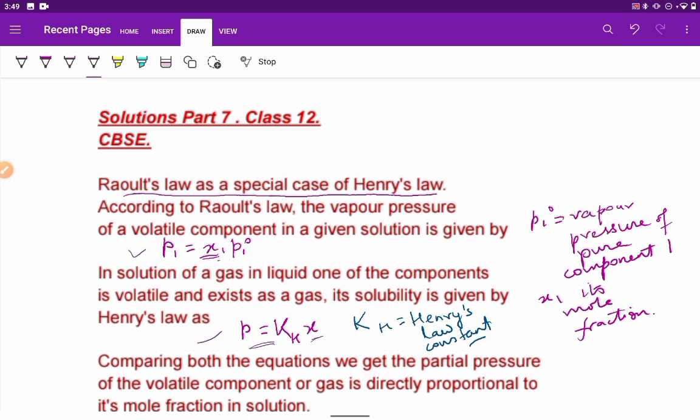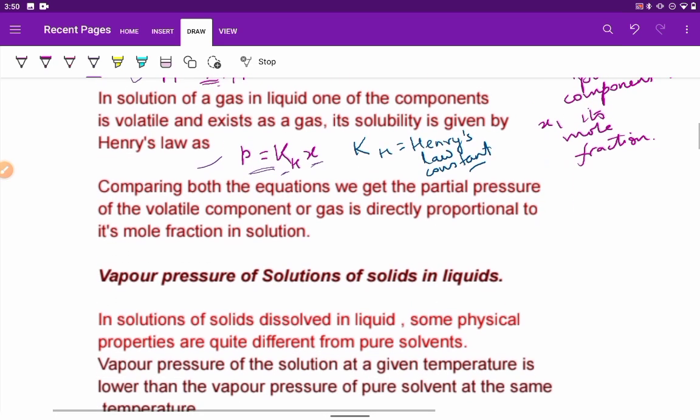Only the difference is that the proportionality constant KH, which we find here, differs from P1 naught. So here Raoult's law becomes a special case of Henry's law, where KH becomes equal to P1 naught.